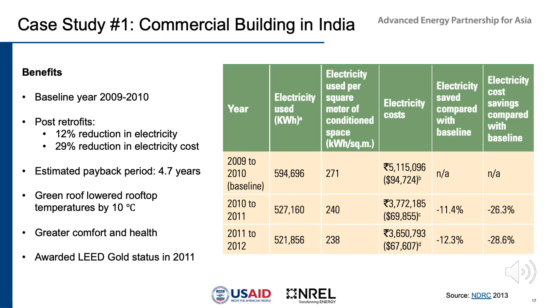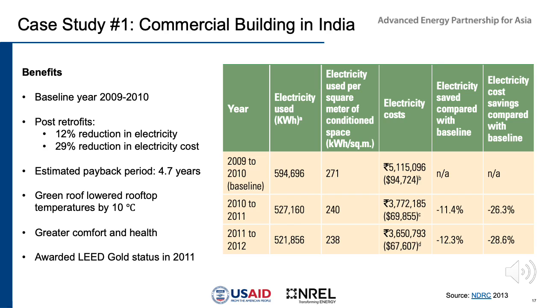And additionally, they did not have any architectural blueprints for the building, so they were kind of working in the dark. And they had to invest a significant amount of money to commission new drawings that would help inform where the ductwork was and where all the electricity lines were. But the benefit of that is that these new drawings could be used in the future when additional upgrades were considered.